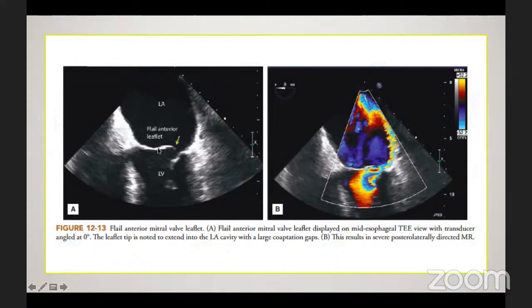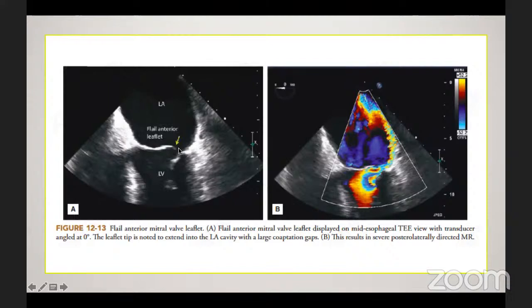Excessive leaflet motion, type 2, is in myxomatous mitral valve, cord rupture, or papillary muscle dysfunction. Type 3 is due to restricted leaflet motion, and whether it is diastolic or systolic, we give it A or B.